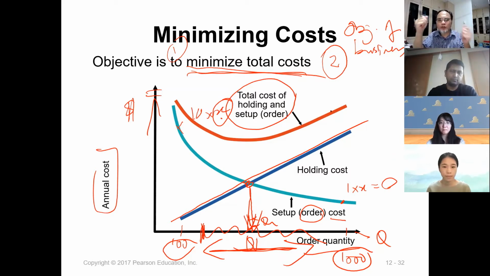Minimization of cost is always the first objective. What is the usually second objective of businesses anyway? To make profit. Exactly, to make profit.